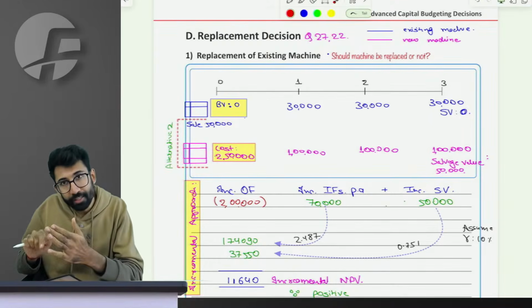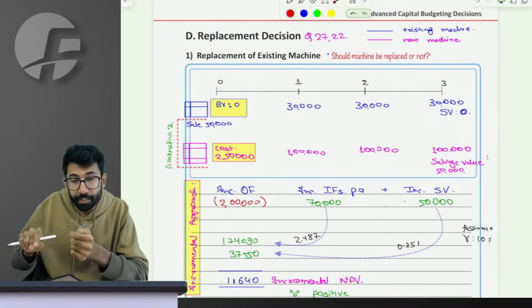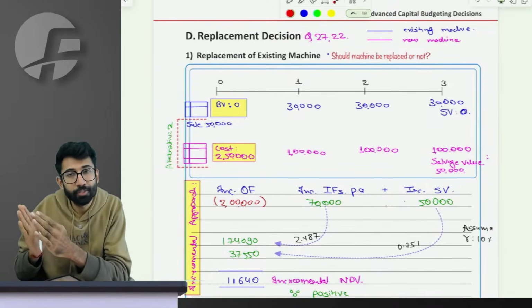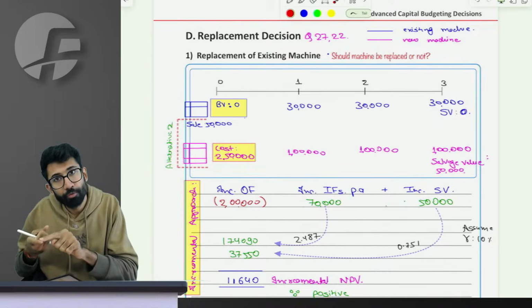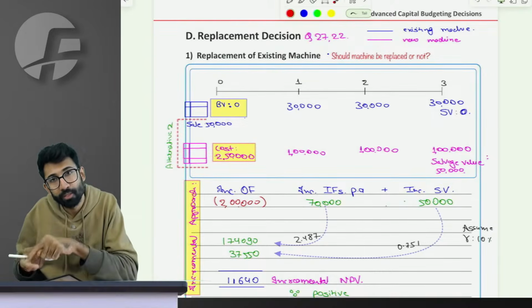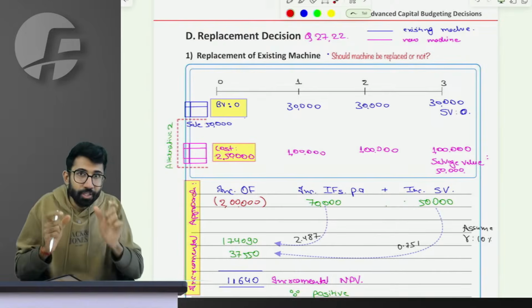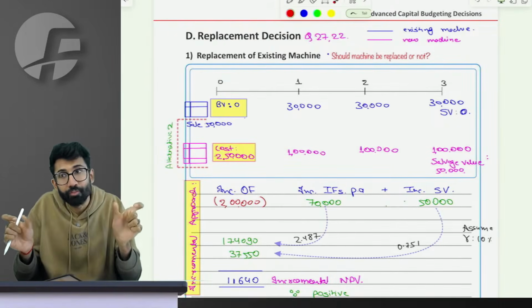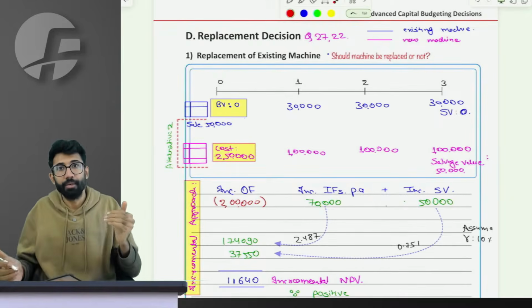Similarly, if I sell the old machine, buy the new one, and continue to use the new one, as per this alternative, what is the initial outflow? What are the annual inflows? What is the terminal inflow? Once you have the inflows and outflows of both alternatives, then you calculate incremental.